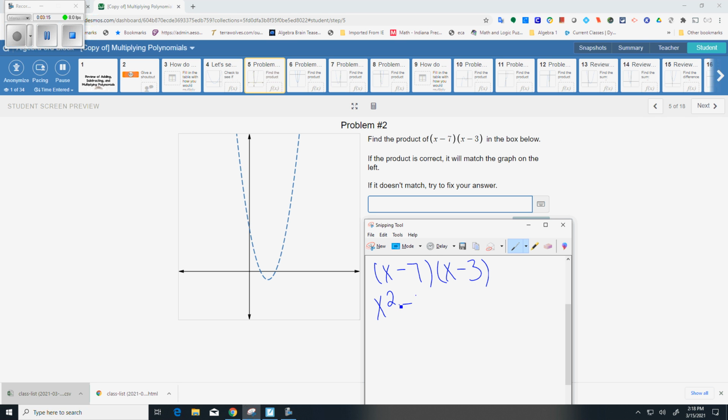X times negative 3, negative 3x. Negative 7 times x is negative 7x. And then negative 7 times negative 3 is positive 21. We combine our like terms, and we get x squared minus 10x plus 21.